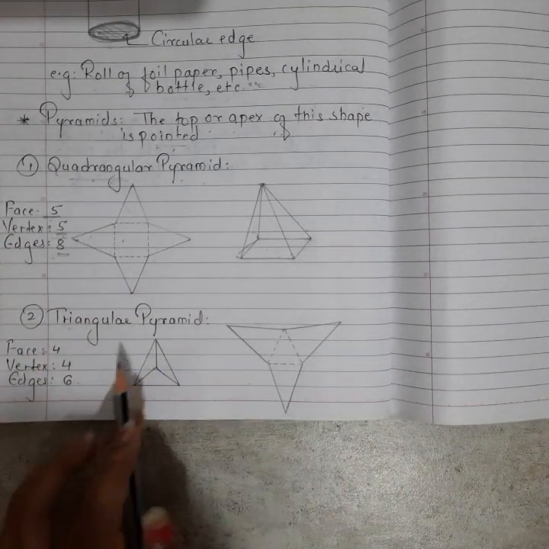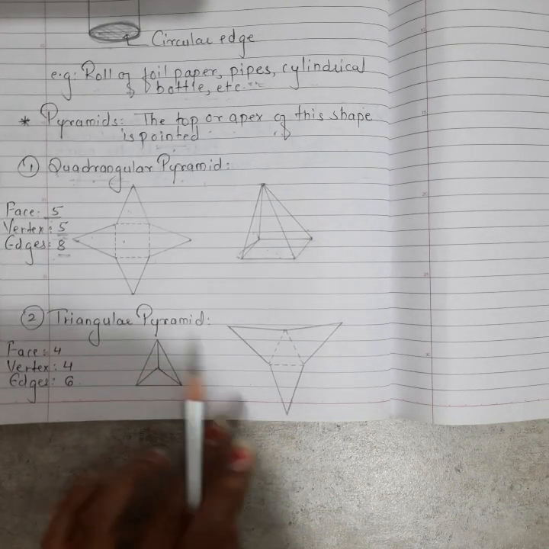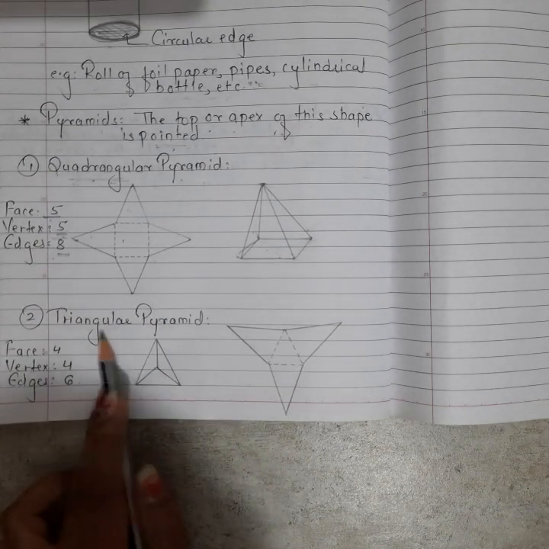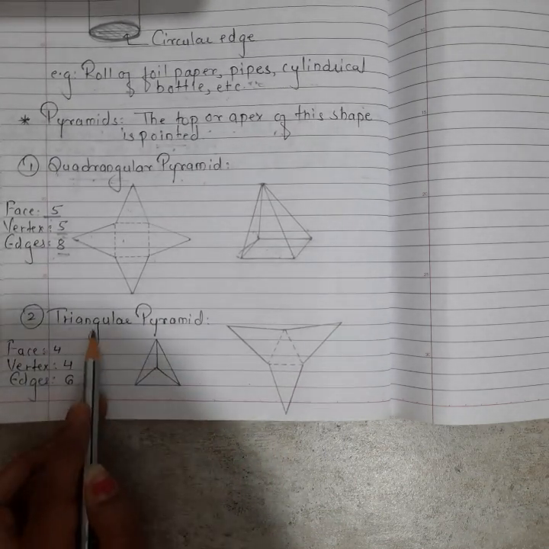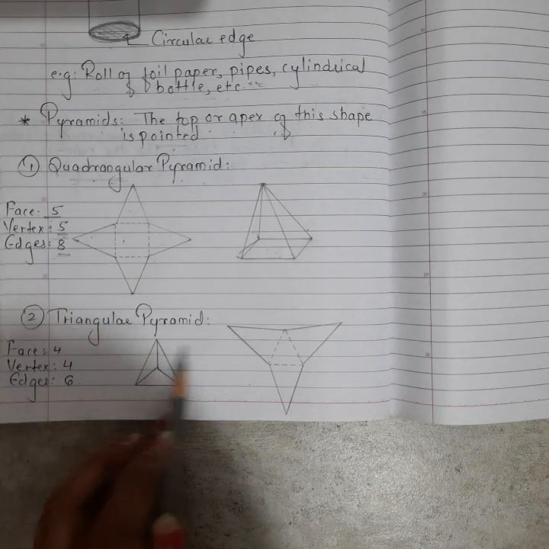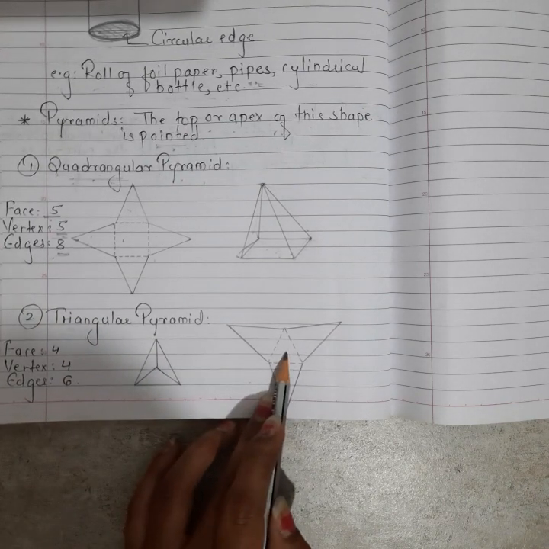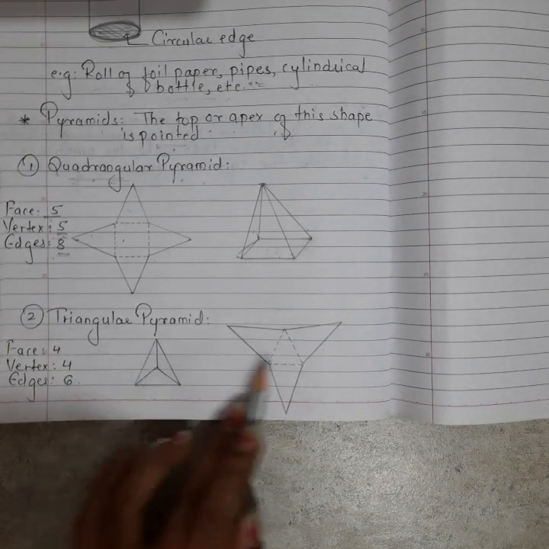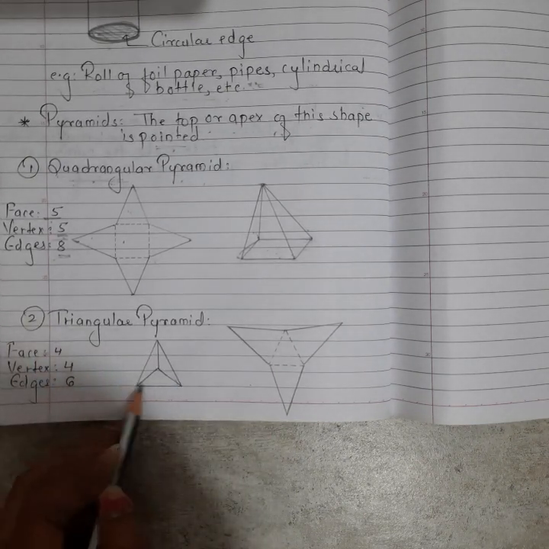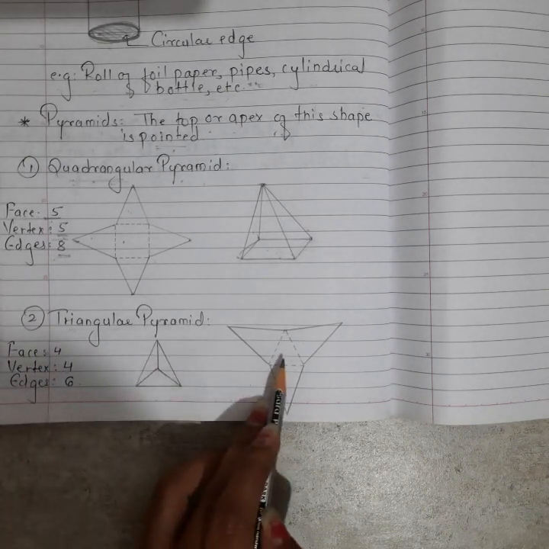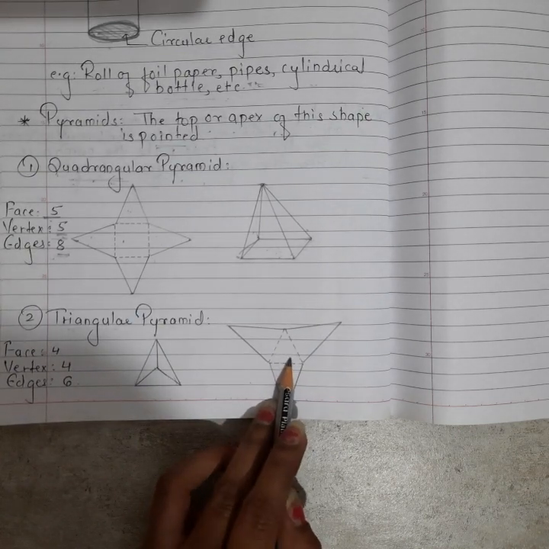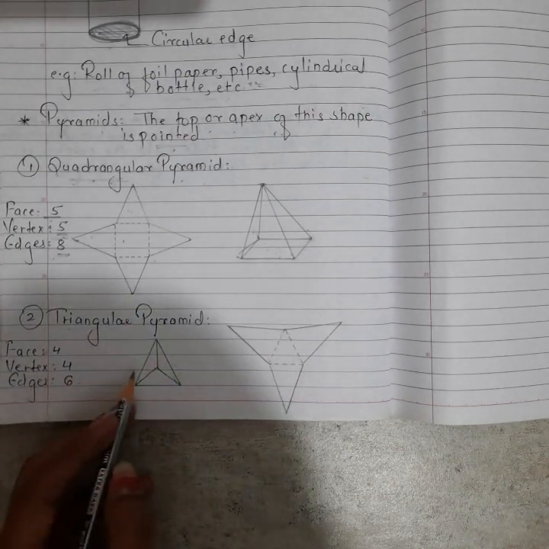Now next is the triangular pyramid. Now what is a triangular pyramid? A triangular pyramid means it is having its base as a triangular shape. You can see, this is the top view of the triangular pyramid and this is the 2D diagram of the triangular pyramid, that is the net.